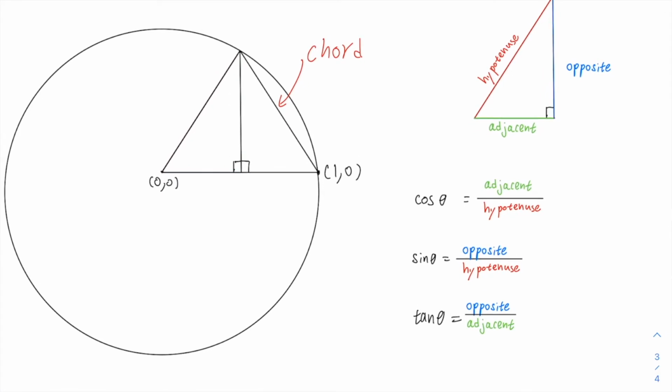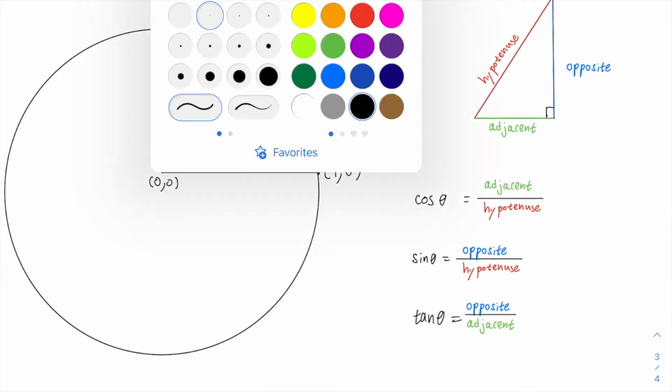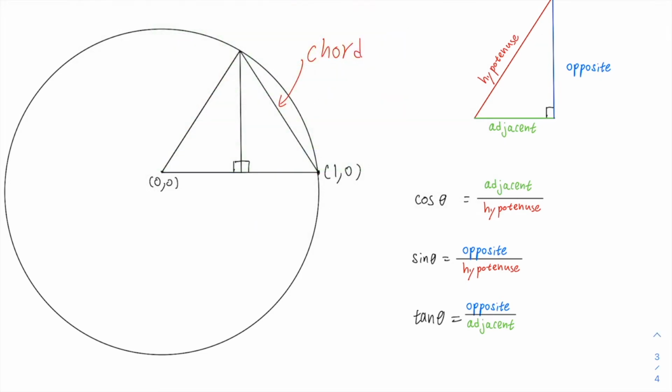So using this information and the definition of cosine, sine, and tangent, we are able to put. So noticing this circle is a unit circle. So this means this point is 0, 0, and this is 1, 0.